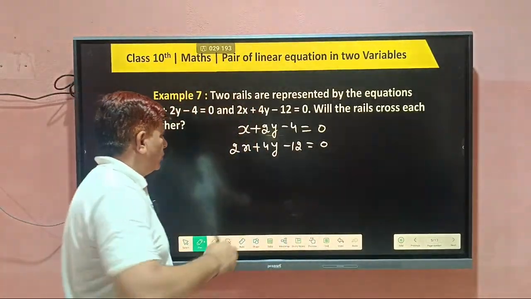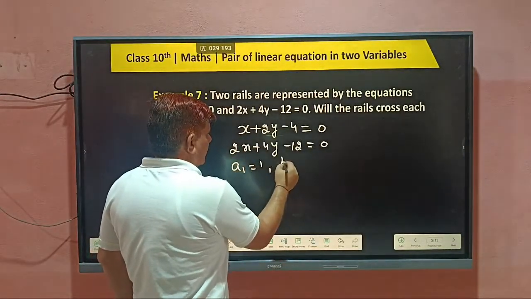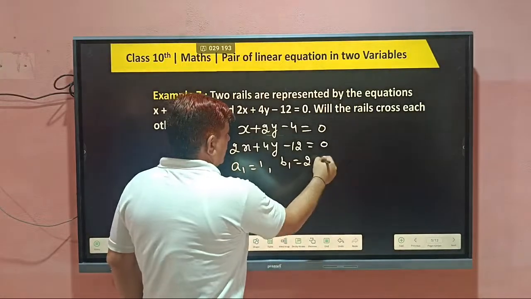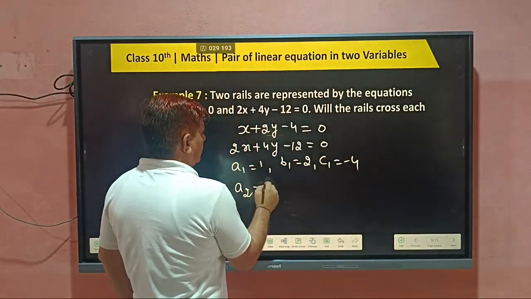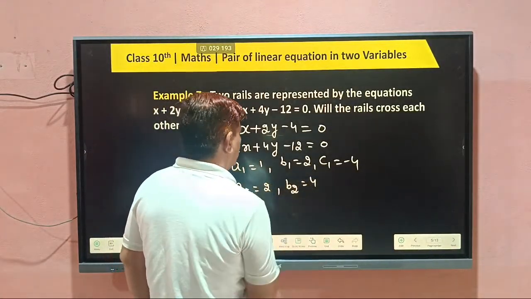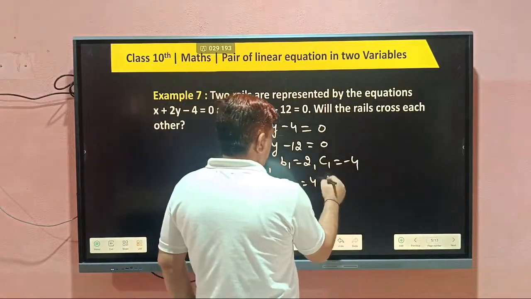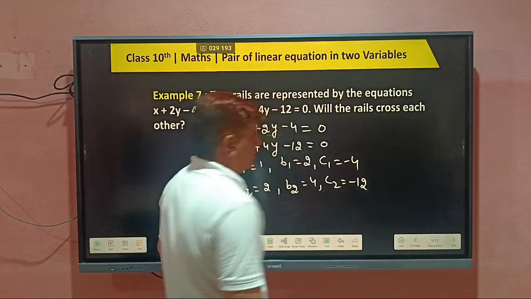So what's your A1? A1 equal to 1, B1 equal to 2, C1 equal to minus 4, A2 equal to 2, B2 equal to 4, and C2 equal to minus 12.